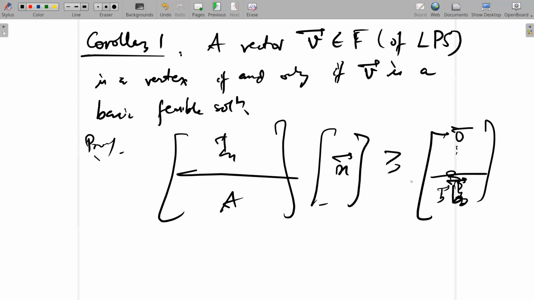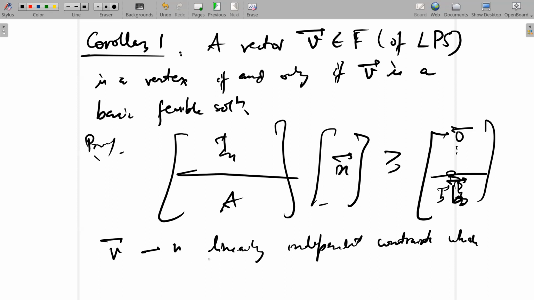Now in order to be a vertex, n linearly independent constraints have to be tight. So for a vertex V, I must have n linearly independent constraints which are tight at V and contain the constraints Ax equals B. So any vertex has to satisfy this.